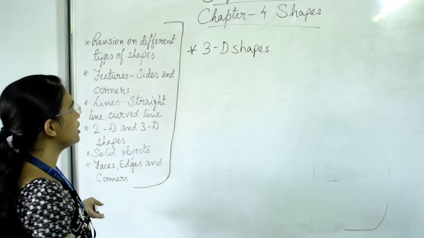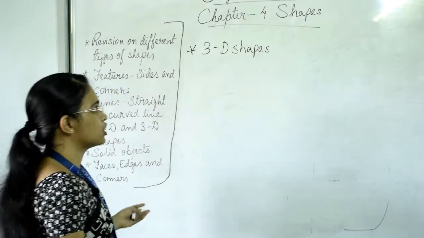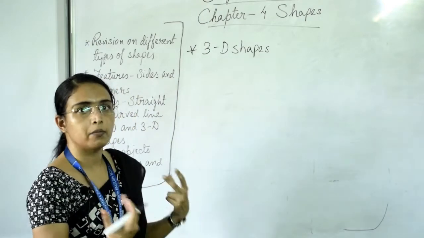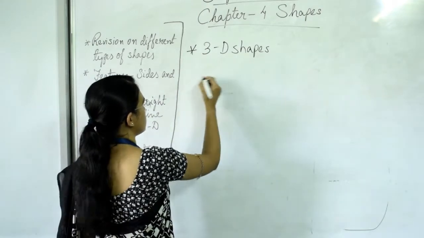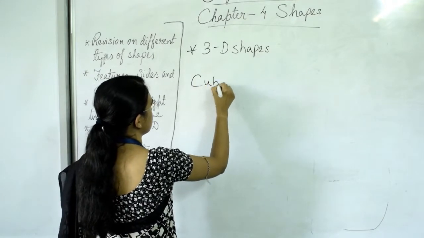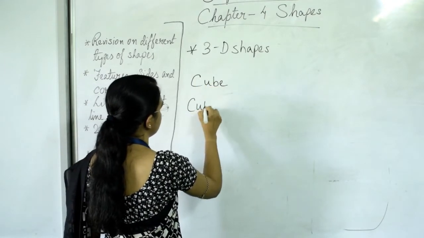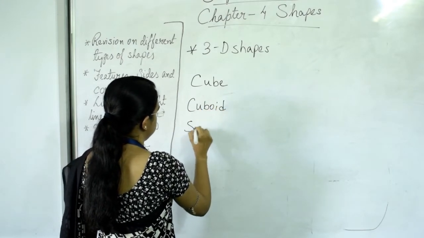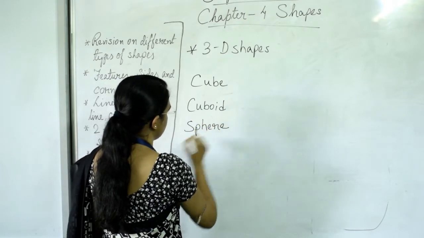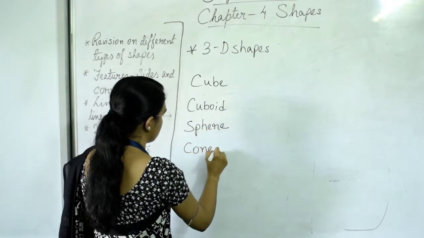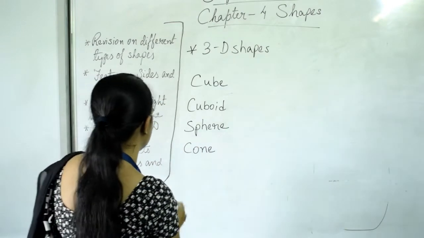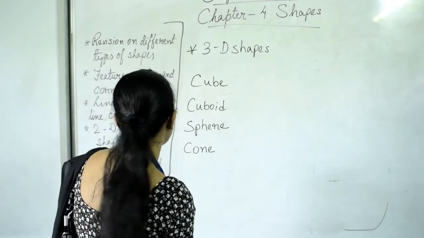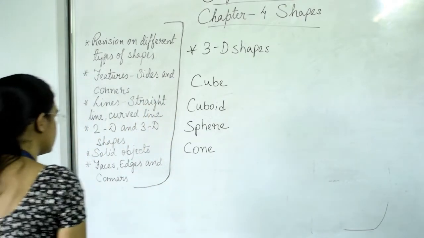As I already told you, 3D shapes means solid shapes which occupy place. Some of the 3D shapes are cube, cuboid, sphere, cone and cylinder.